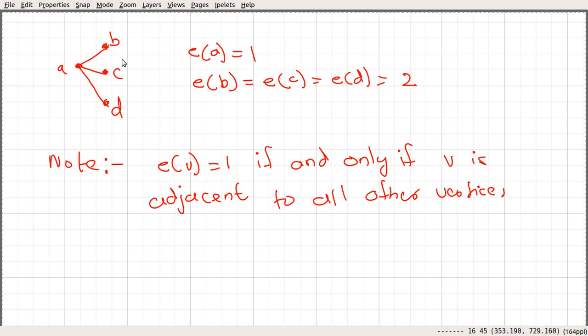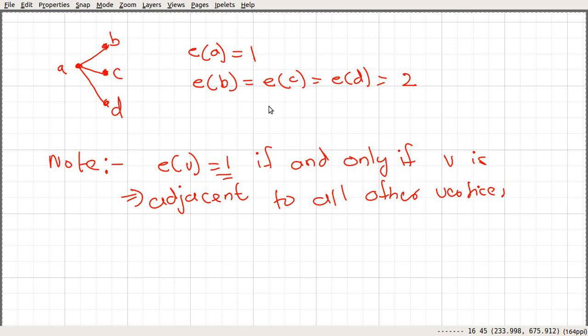So in this case you can see that the eccentricity of vertex A is 1, and if you look into this graph you can see that A is adjacent to every other vertex in the graph. That's what this sentence says. Eccentricity is equal to 1 if and only if V is adjacent to all other vertices in the graph. So now we have our definition for eccentricity.